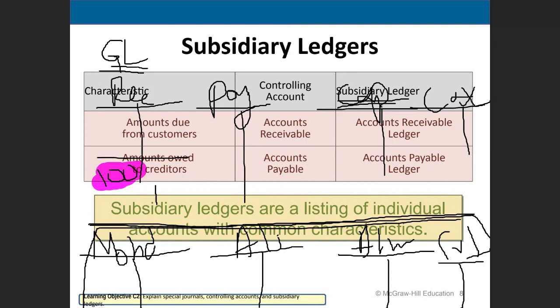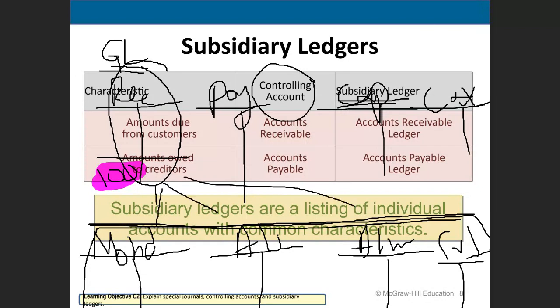And the accounts receivable here, we call it the controlling account, the main account, and each individual customer will have his own subsidiary account, or here we have the subsidiary accounts receivable ledger. Is it clear? Does it make sense?